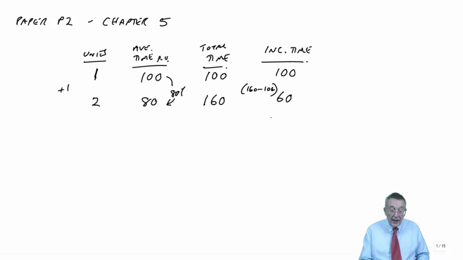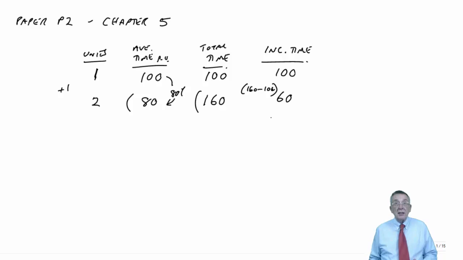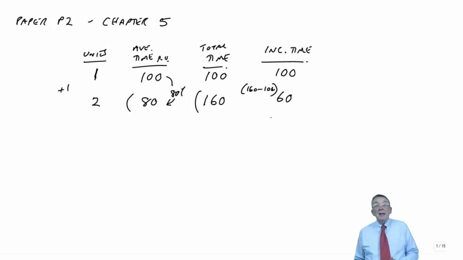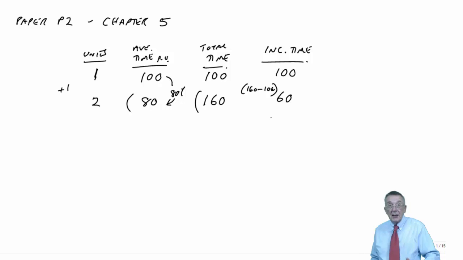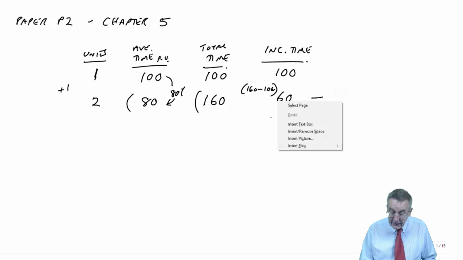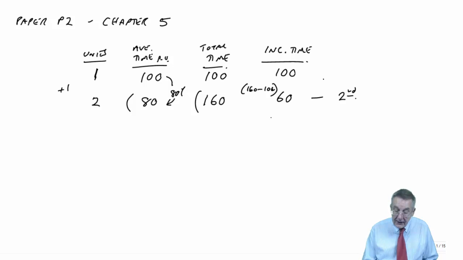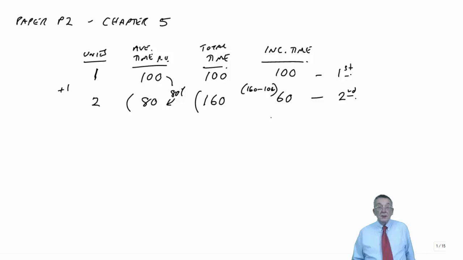The learning rule gives you the average time per unit if we make 2. If we know the average time, we can work out the total time for 2 units. And again, if 2 units took 160 and the first unit took 100, the time for the second unit is 60. So the first unit took 100, the second unit took 60.